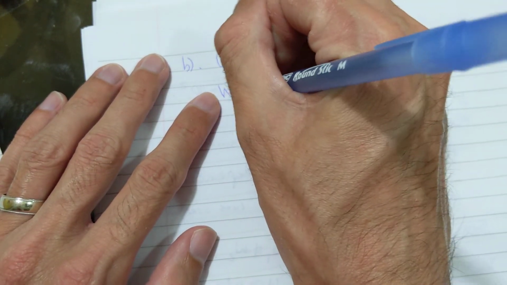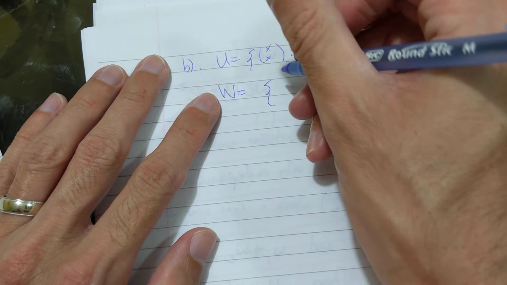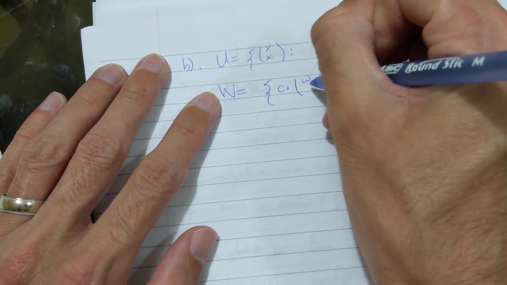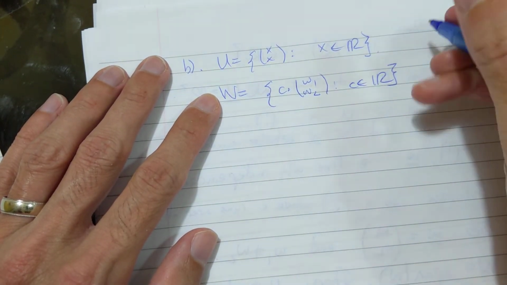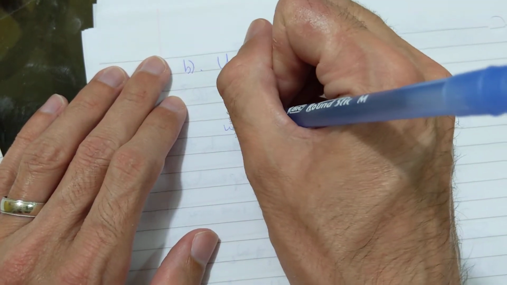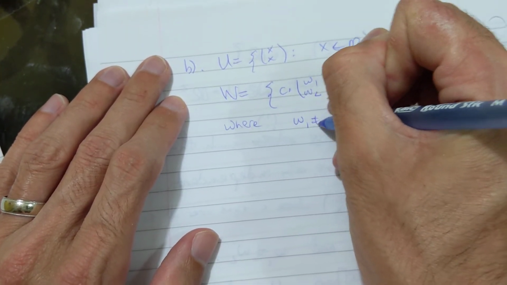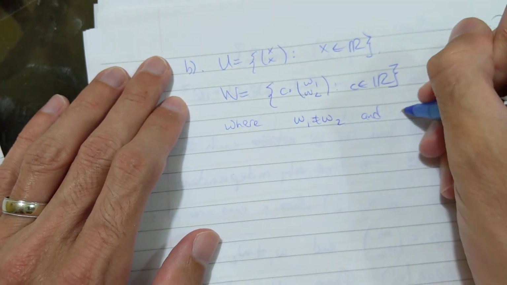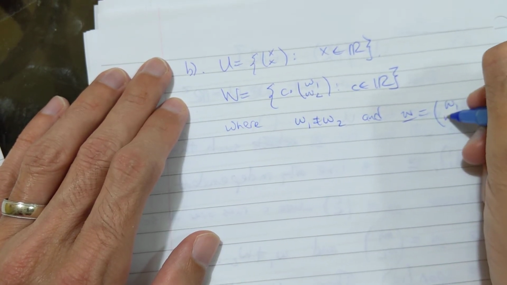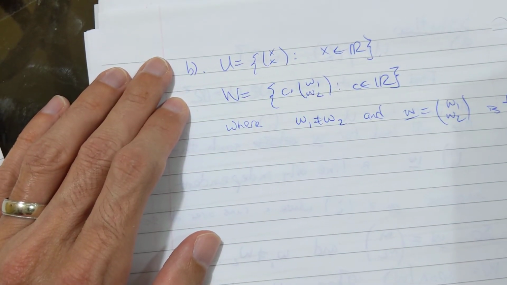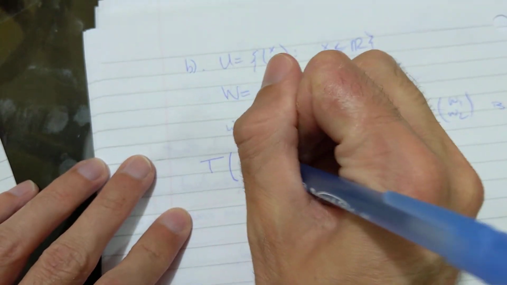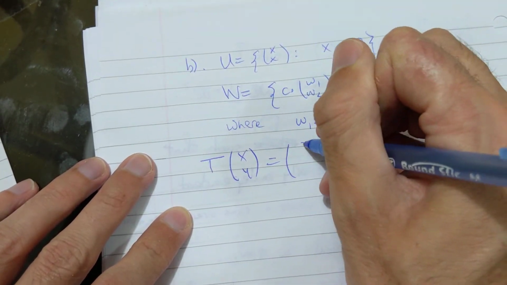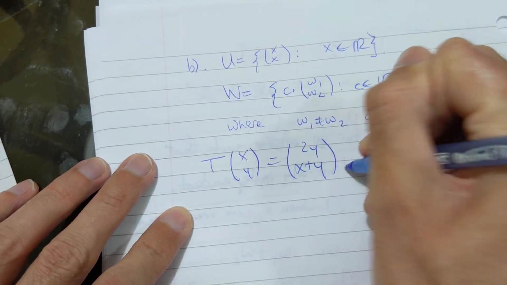And W is going to be like c times (w1, w2), where c is a real number, where w1 is not equal to w2, and W is fixed for this question but unknown. And then what is T? T is this linear transformation given by (2y, x plus y).